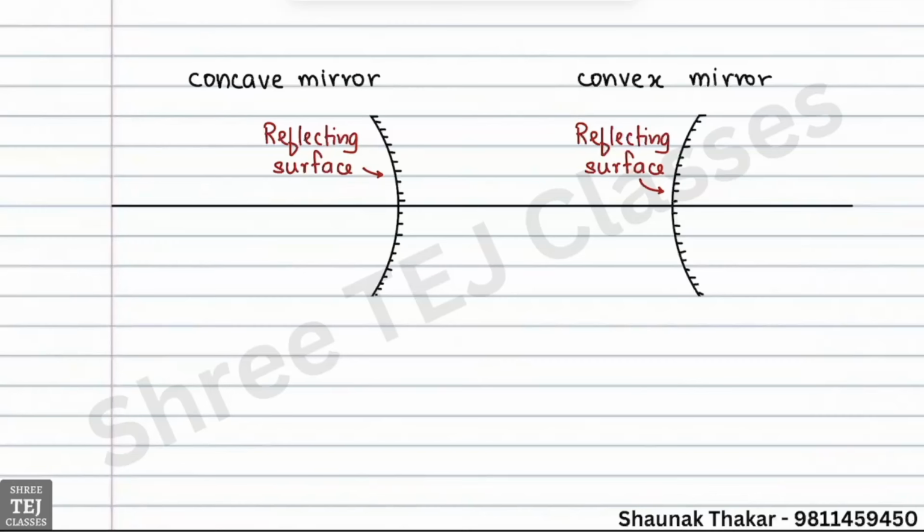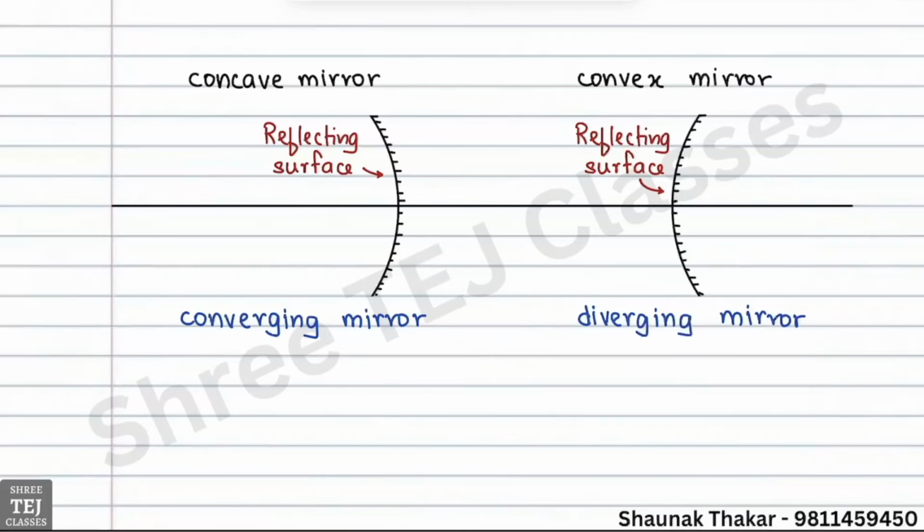The other name for a concave mirror is converging mirror, and a convex mirror is also known as a diverging mirror. The important thing to keep in mind is both of these were initially part of a sphere.